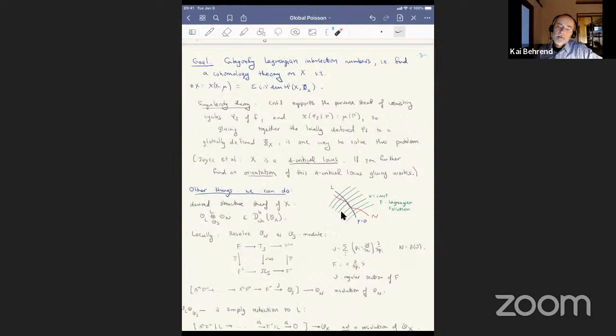I think of these fibers of this bundle projection as a locally given foliation on the symplectic manifold, and I will call that F. So that's a Lagrangian foliation, and it's a subbundle of TS, the tangent bundle of S.